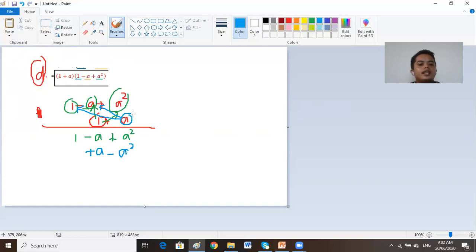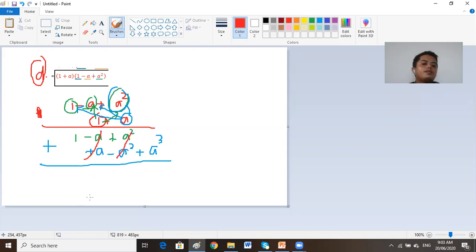And then a times a squared is positive a cubed. Then you add. As you have noticed, once adding the result, the a and the a here cancel, 0.